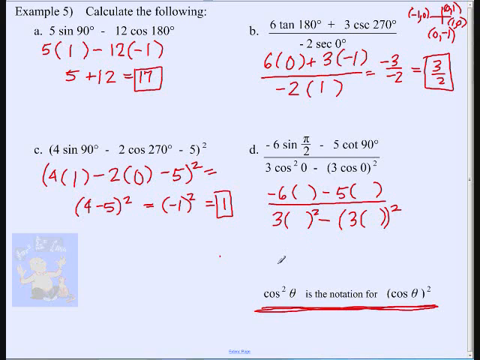I know it seems so simple, but believe me, we all can get tripped up on that from time to time. So the sine of 90 degrees is 1. The cotangent of 90 degrees. Well, the tangent of 90 degrees is y over x. Let's get 90 degrees. 1 over 0, which would have been undefined. The cotangent is x over y, 0 over 1, so that's okay. That's a 0.